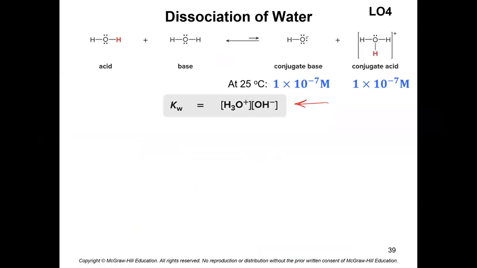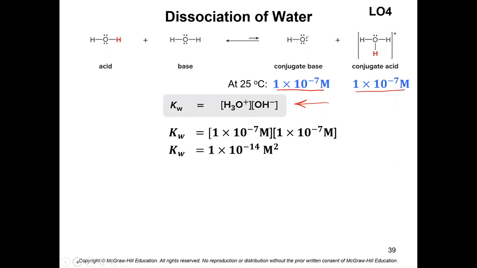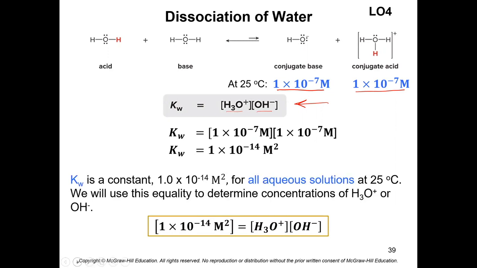Since we can measure the hydronium and hydroxide ion concentrations, which are these values here, we can plug that into H3O plus and OH minus. And then when you multiply those two together, you get this value here. So it turns out that Kw is actually a constant, and it equals 1.0 times 10 to the negative 14 molar squared. And this is going to be true for all aqueous solutions at 25 degrees Celsius.